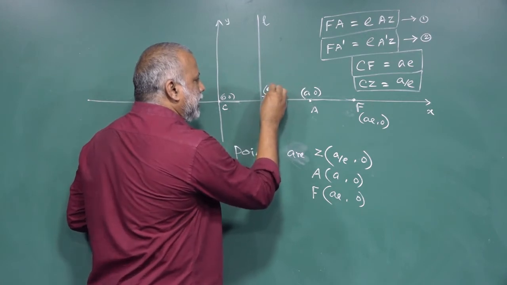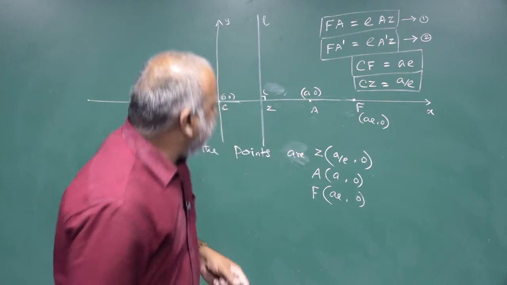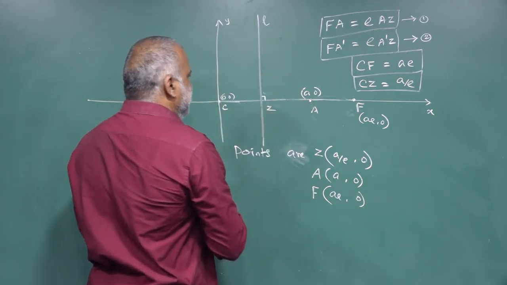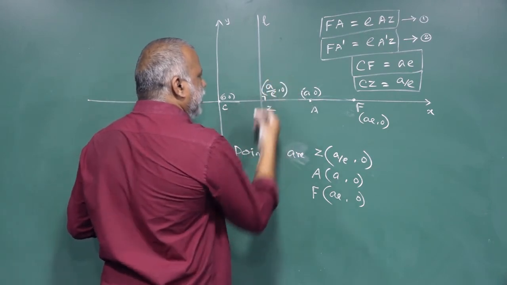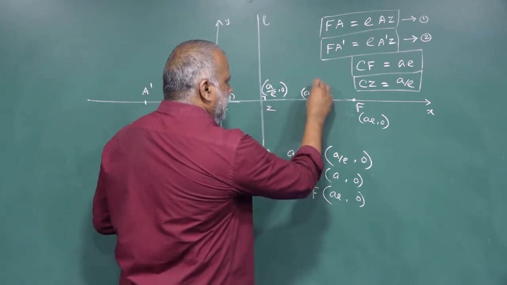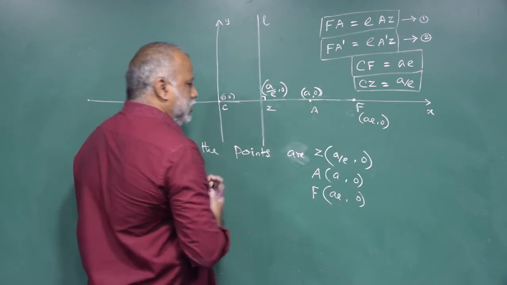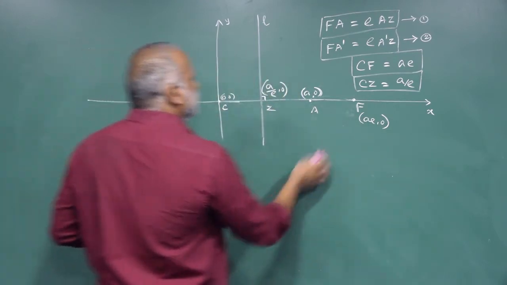Take down clearly a by e comma 0. These are the important concepts we need. So now Z, a by e comma 0. Now A, a comma 0, F, ae comma 0. So we have already worked out all the results.